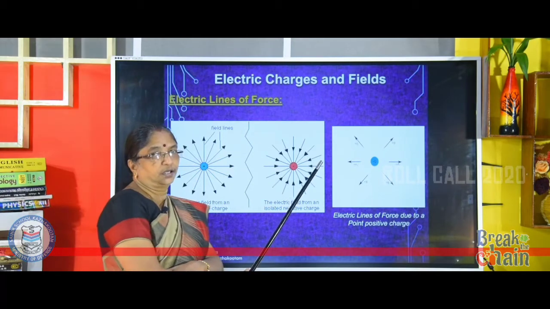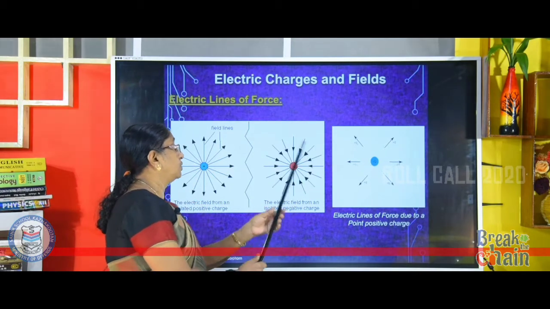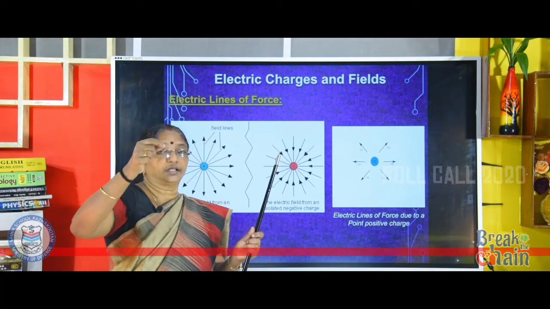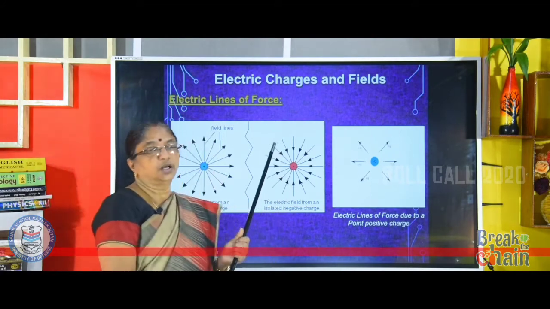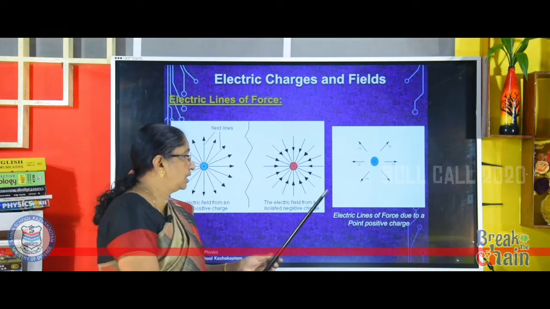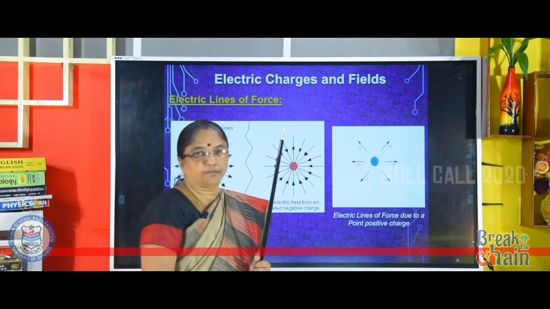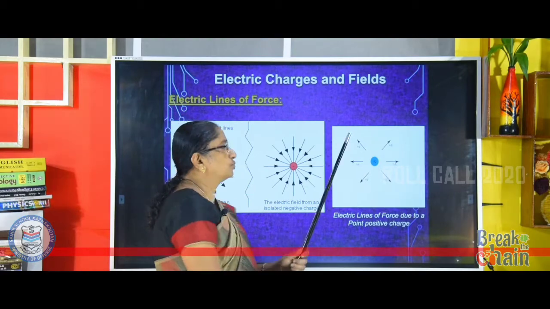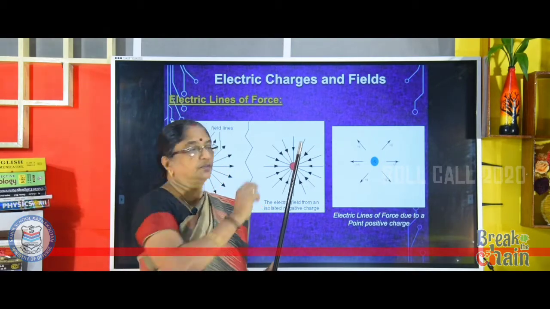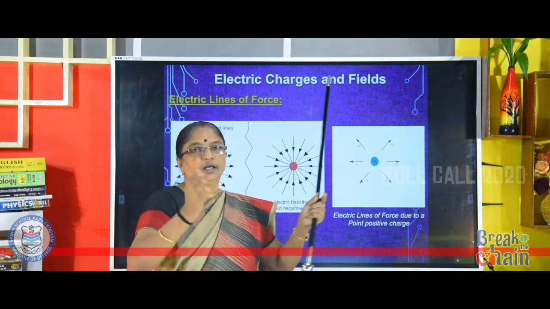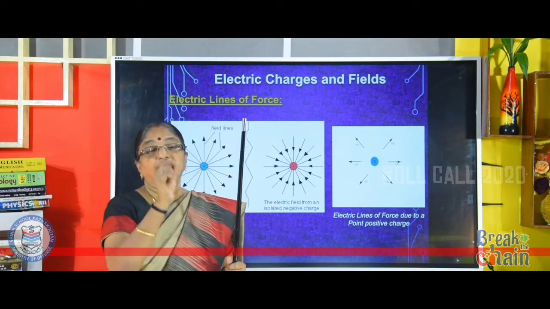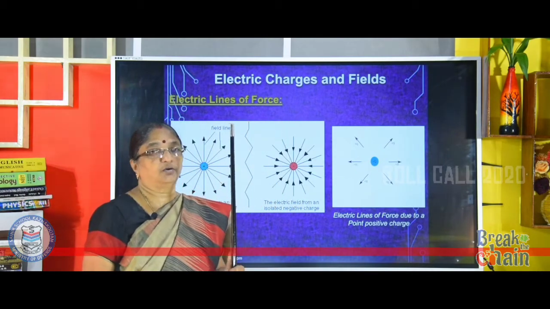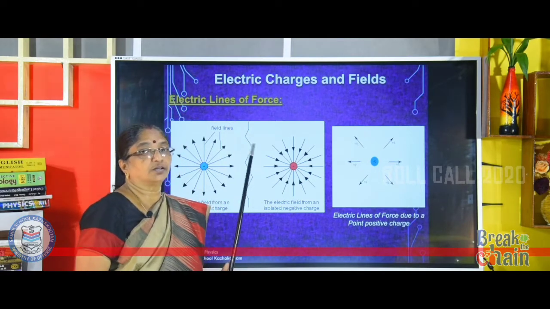The test charge is getting attracted towards the negative charge when it is kept anywhere. So this is the electric lines of force for a negative charge, and see this picture. What does the arrow show? The test charge will move away from the positive charge and traces some lines, and those lines are known as electric lines of force.